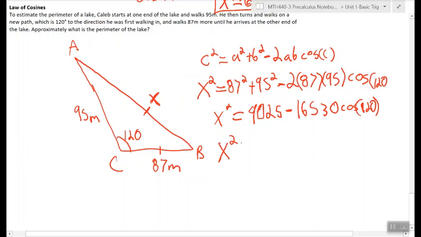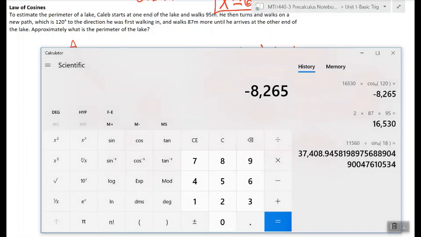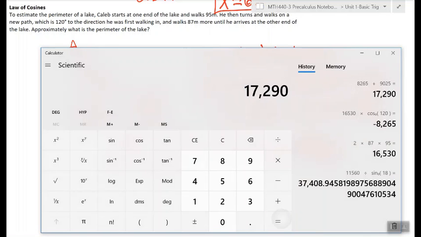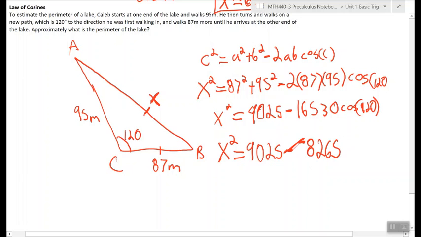So x squared equals 9,025 minus negative 8,265. Since those are two negatives, we can cancel them out. So it's 9,025 plus 8,265, and we get 17,290.